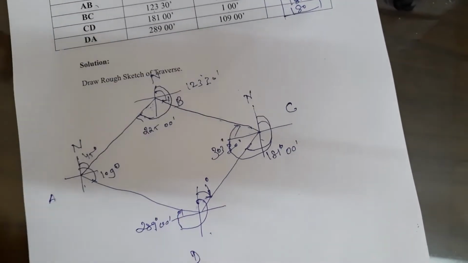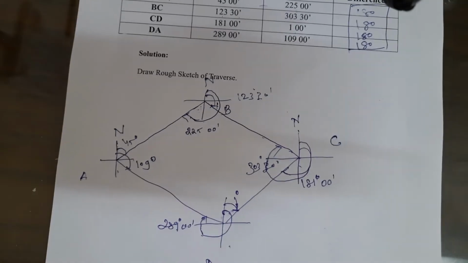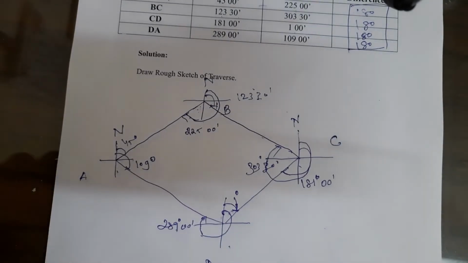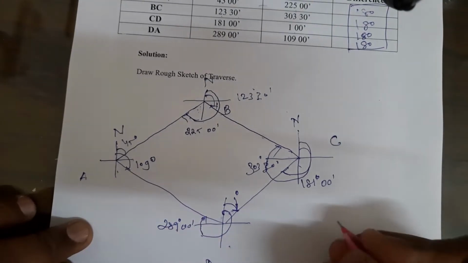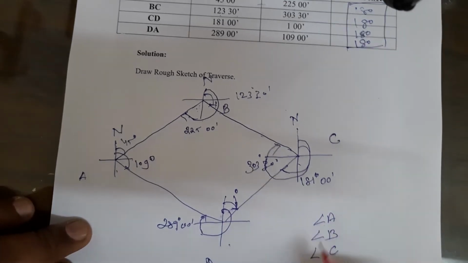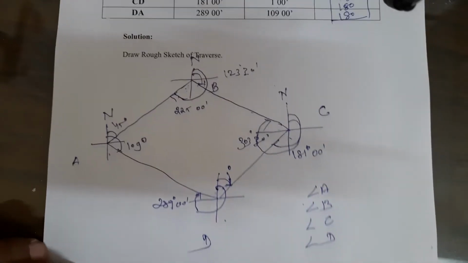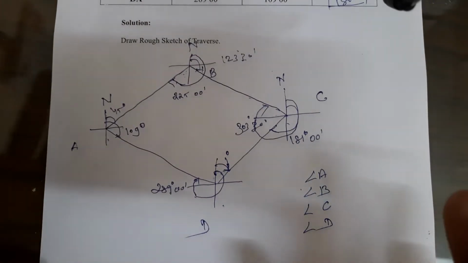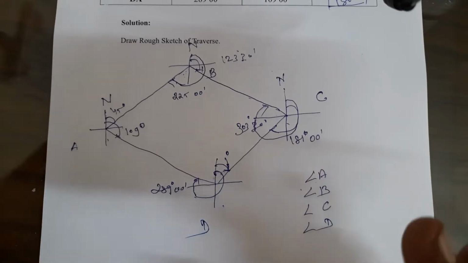So this is the rough sketch or rough drawing. Okay, on that basis we calculate angle A, angle B, angle C and angle D. Understood? So this is a simple drawing of a traverse.